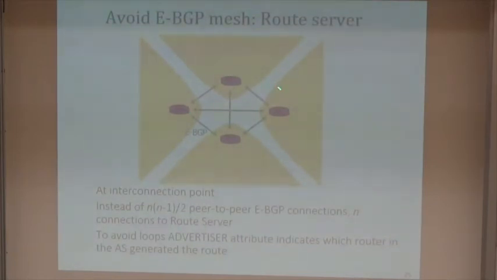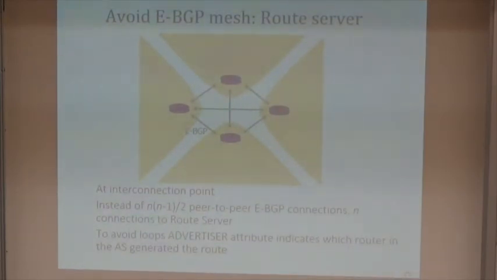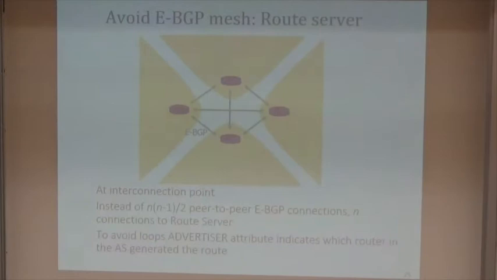So here I'm showing, for example, 4 providers that are connected in May West or May East, or in Switzerland there are also such points that I will describe in a second. Then each of those 4 providers can come with their own BGP router and connect to everyone.